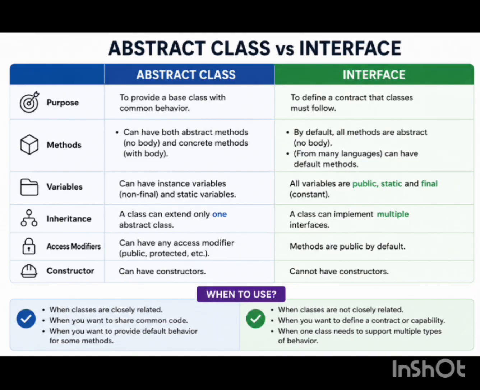So now the question is when to use what: when to use an abstract class and when to use an interface. An abstract class can have both abstract and non-abstract methods. The scenario is that some methods or behaviors are similar and some are different.